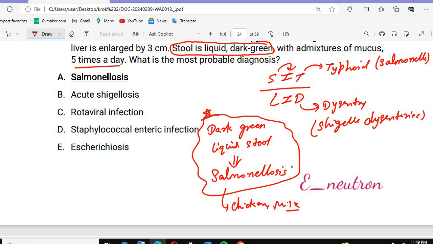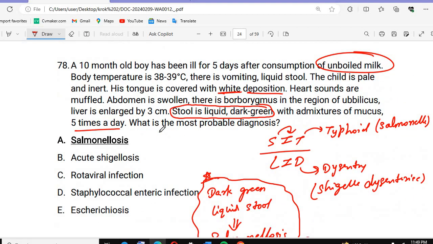You will see other features: these patients will have fever, diarrhea, vomiting, and liquid stools. Along with that, we can see a high WBC in salmonellosis, and RBC can be found in the question, meaning hematuria can be seen, but not every time.